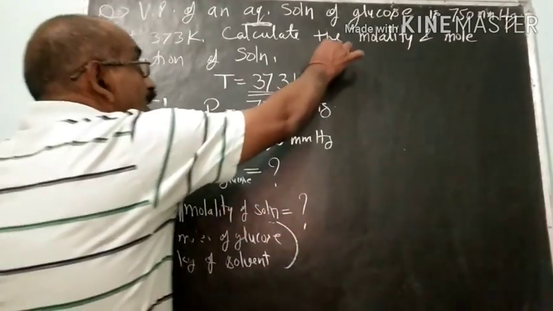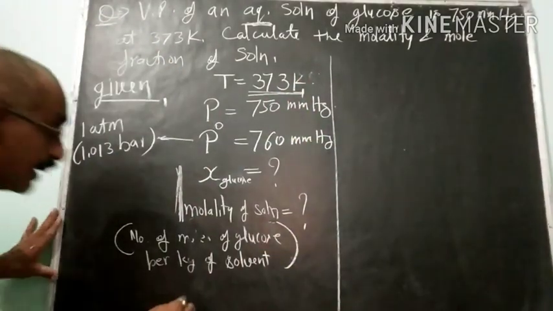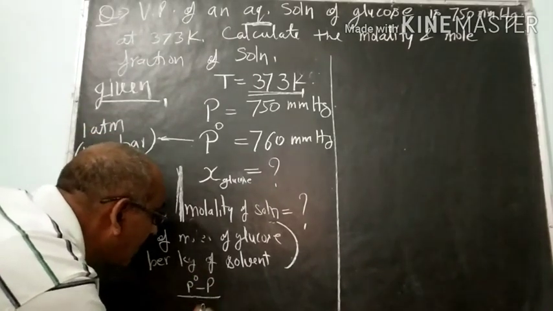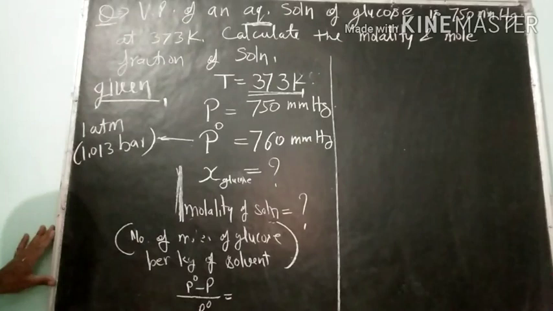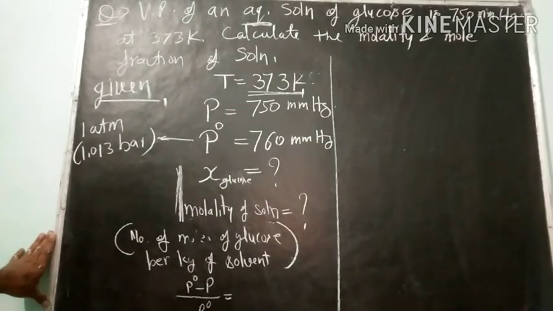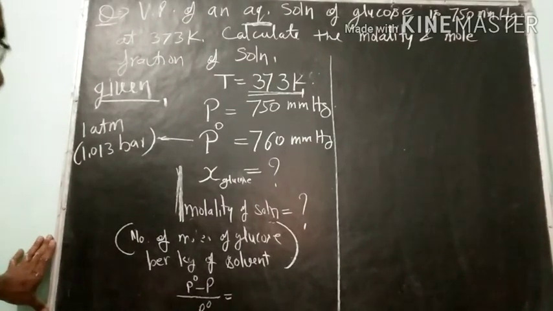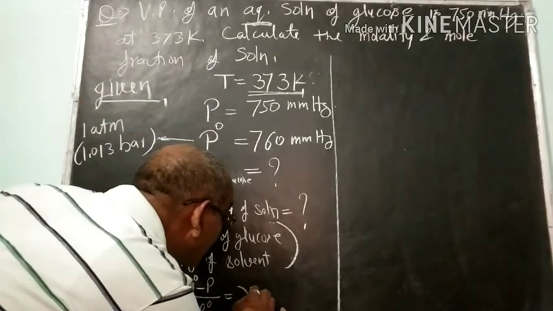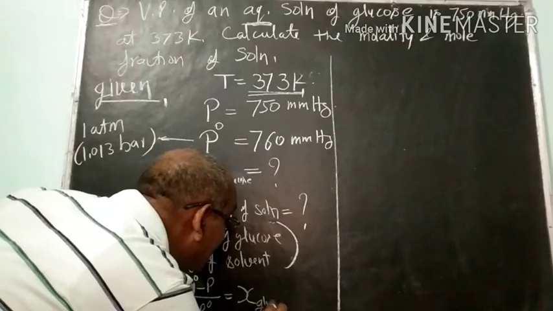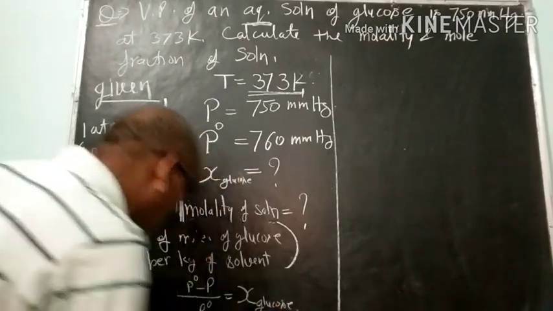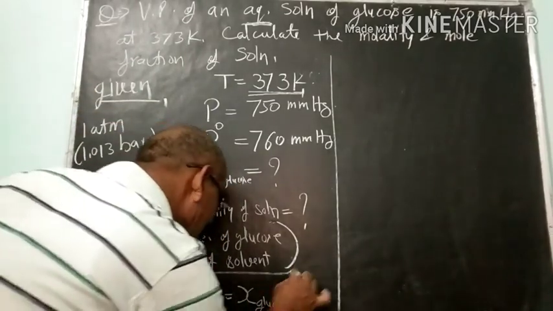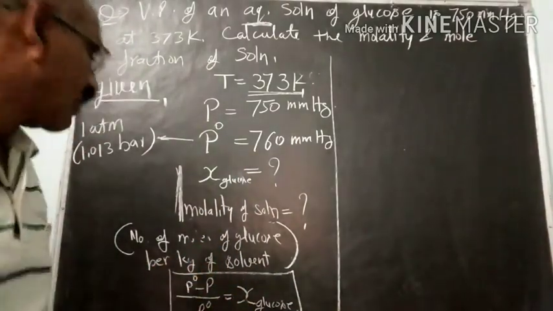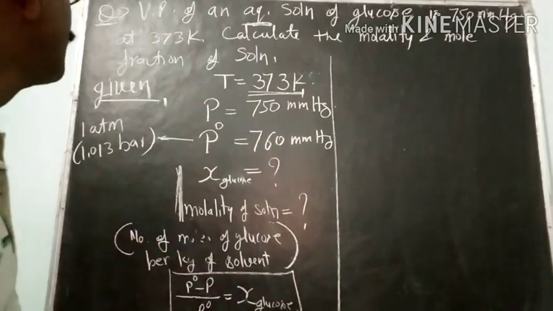Now you know that (P naught minus P) over P naught is equal to X solute. In this case, the solute is glucose, so it is the mole fraction of glucose. Now substitute the value.